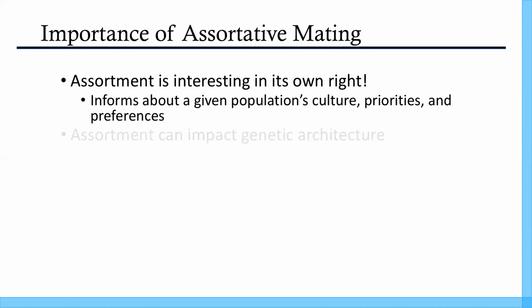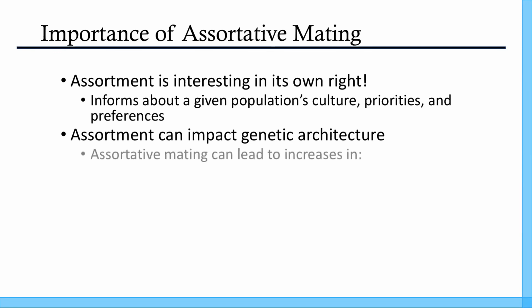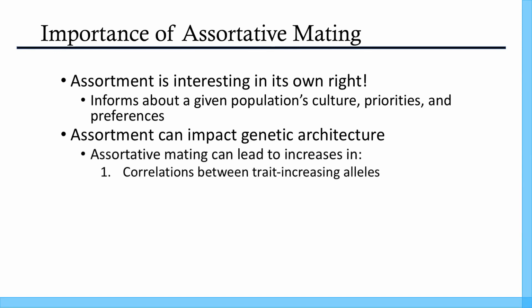In particular, it can really impact genetic architecture for traits. Because when two parents are assorting on a heritable trait, it means that the parents will have correlated genotypes at those trait-associated loci. And as a result, assortment can lead to increases in correlations between trait increasing alleles, which are known as gametic phase disequilibrium.